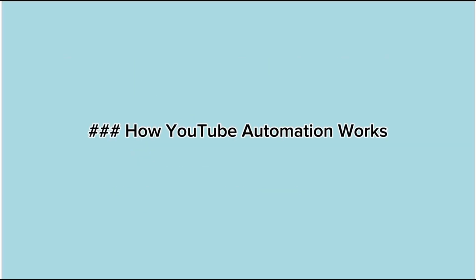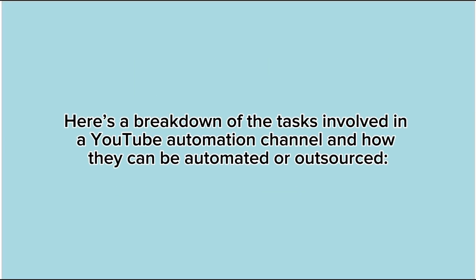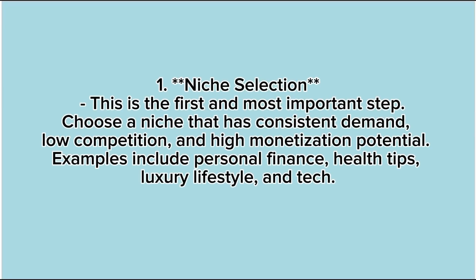How YouTube automation works. Here's a breakdown of the tasks involved in a YouTube automation channel and how they can be automated or outsourced. 1. Niche selection. This is the first and most important step. Choose a niche that has consistent demand, low competition, and high monetization potential.